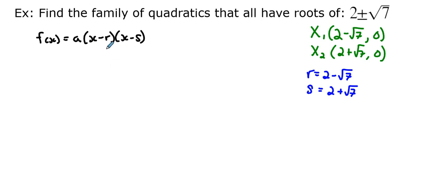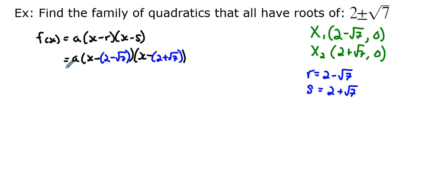So when we sub this in, we're going to see some sign changes. So we'll say a, and we'll have x, and I'll put them in brackets here, minus 2 minus root 7. Then we would have x minus, and subbing in for s, we would have 2 plus root 7.